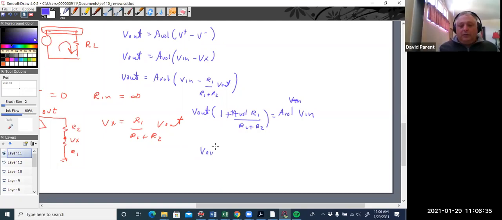Okay, so now let's just do V out over V in directly, right? Is going to equal the open loop gain over 1 plus the open loop gain times R1 term. Okay. Now we let open loop gain go to infinity, right? And as it's going to infinity, the 1 becomes insignificant.